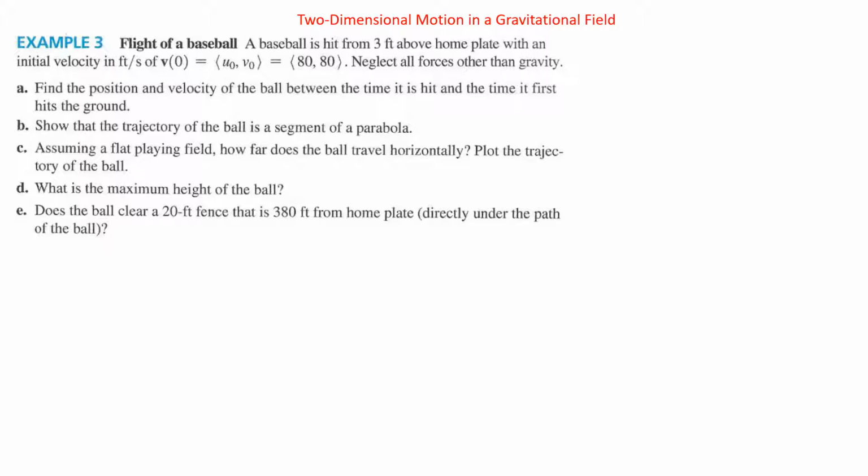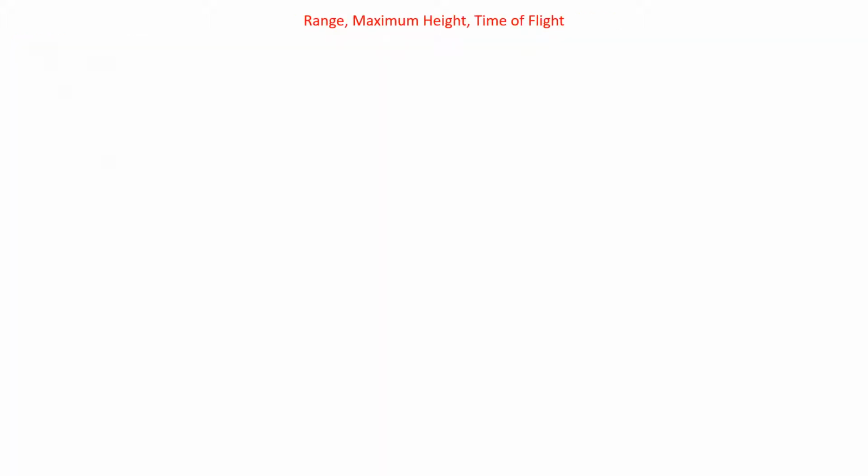Nope, same one in case I need extra space. And then range, maximum height, and time of flight. So the range is how far is it going to go. We already saw how to find that, but it's another method because this would be in the general case. In this case, we're going to hit it with an initial velocity of v naught and at an angle of alpha.